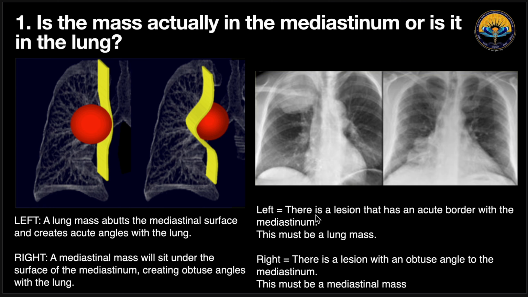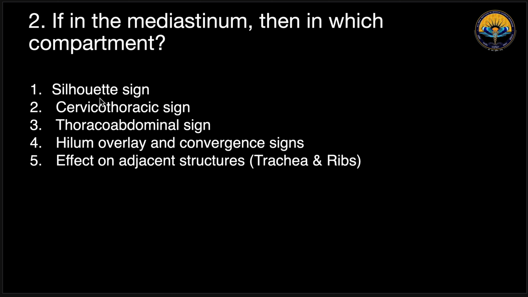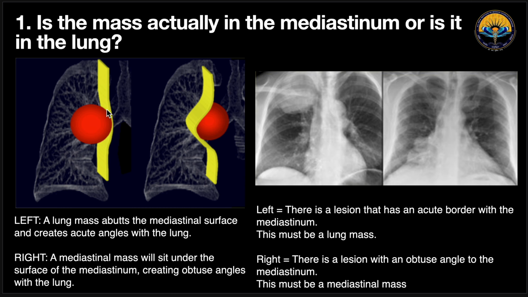So first we have to look at whether the mass is in the lung or in the mediastinum. Here we can say this is the lung, and this yellow thing is the parietal pleura covering the lung all around. If a mass arises from the lung, it will push on the parietal pleura, and this will produce an angle, and this angle is an acute angle. So if we find the mass producing an acute angle with the parietal pleura, then it's arising from the lung.